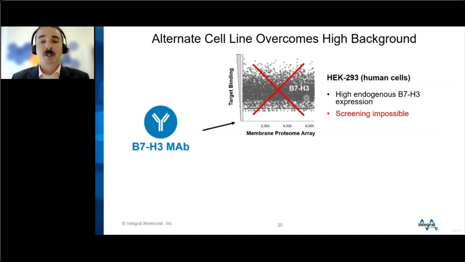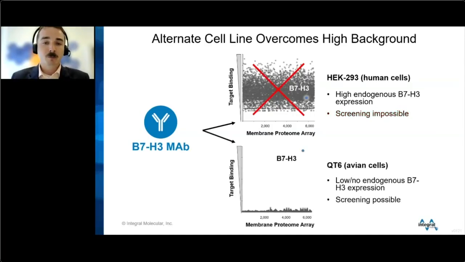This then makes screening impossible. But since we have an alternative cell line, an avian cell line, QT6, which have low or no expression of B7H3, we are able to still move forward with screening in the cell line where we express our 6,000 human membrane proteins, which makes screening possible where we're able to demonstrate binding to B7H3 with relatively low background noise, and we did not identify any other off-targets since we had the sensitivity and reliability of our controls using this alternative cell line.